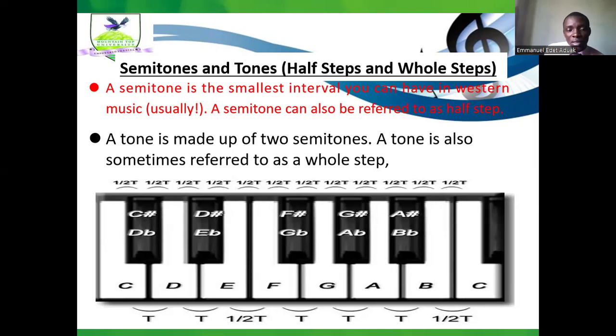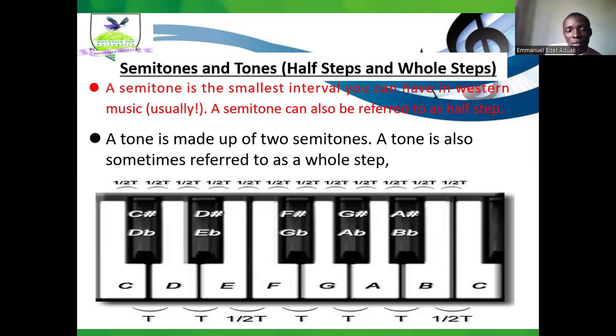Before we get to D, we will first of all move from C to C sharp. And that is what we call a half step, because it's just the closest or the shortest distance. So now, to get to D, we have to move from C sharp to D.